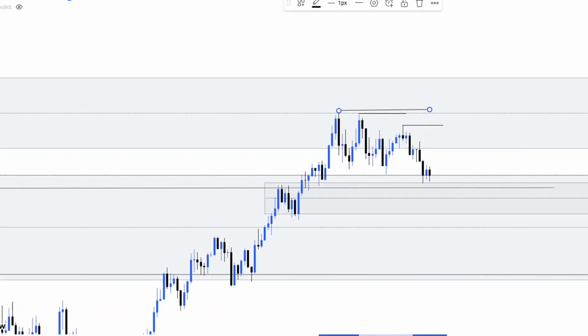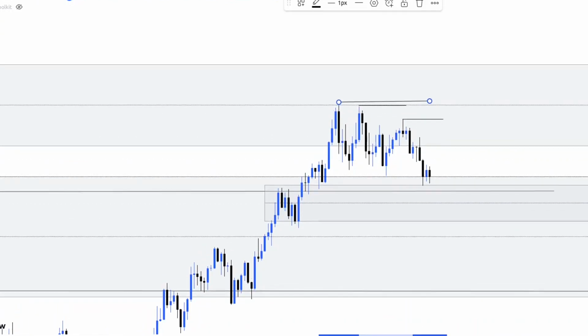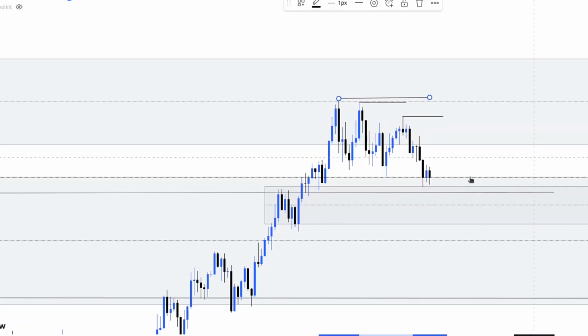So we will see if we can get an entry from here. As you can see, we have price come and take all this liquidity here. So likely our next draw on liquidity will be all these areas, but we don't have a clear entry here. So let's play price to see what definitely happens here.